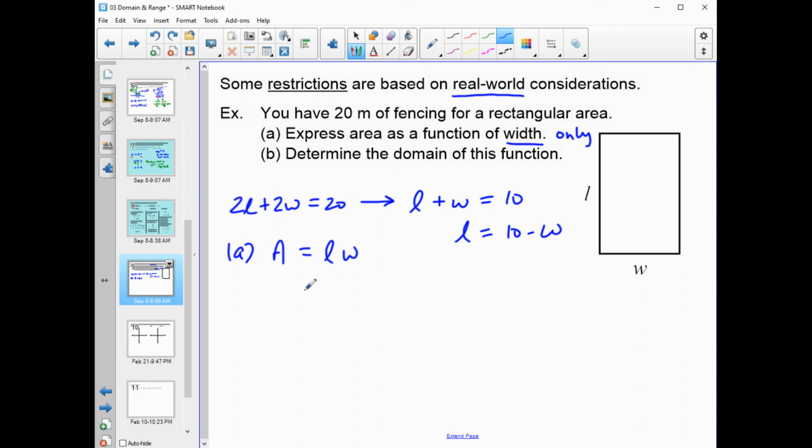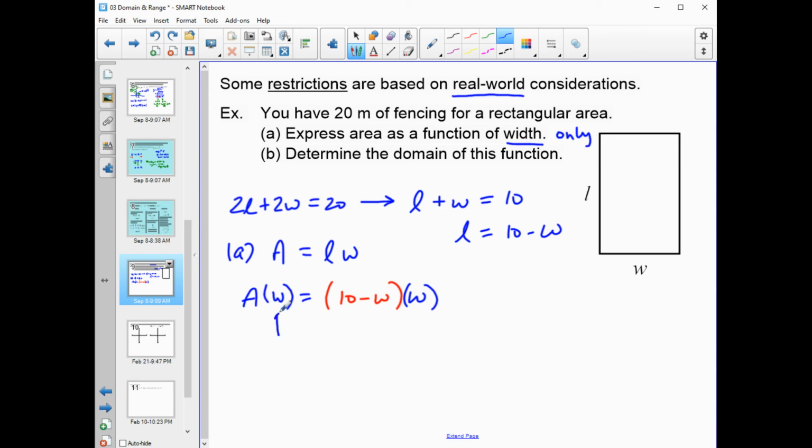Now, the reason why that's useful is that I can rewrite my area. Remember, we wanted to get rid of this L. So instead of L, wherever there was L, I'm going to write 10 minus W, leaving the other W where it was. And notice now that the area is entirely in terms of W, which means I can actually use function notation, and I can write the area as a function of the width.